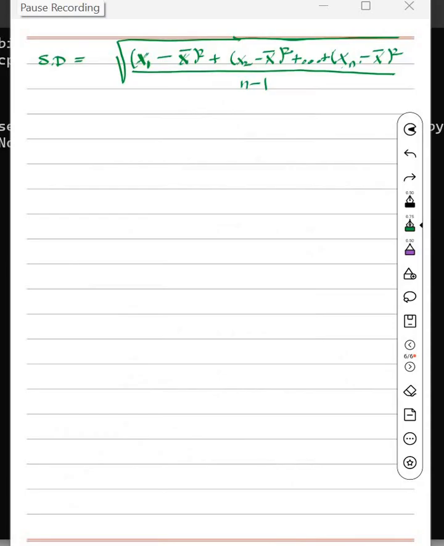So standard deviation is a measure of your error, a measure of the error between the data and the mean. And then the z-score is going to be x, whatever your value is, and then you subtract off the mean, and then you divide by the standard deviation.